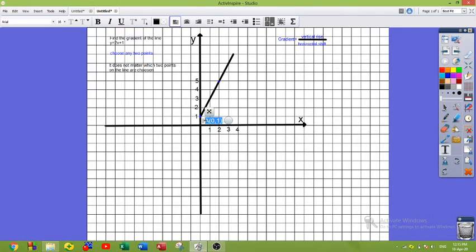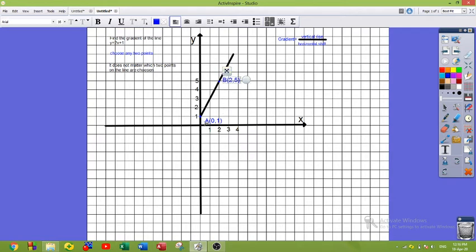Now let's go to point B. Point B is here: x is 2, y is equal to 5.